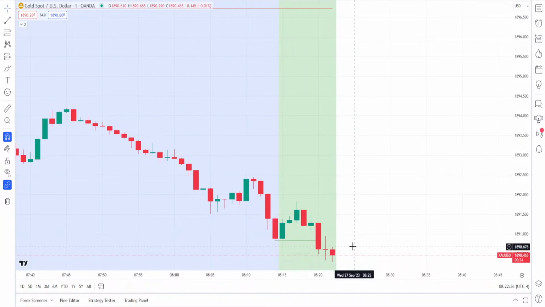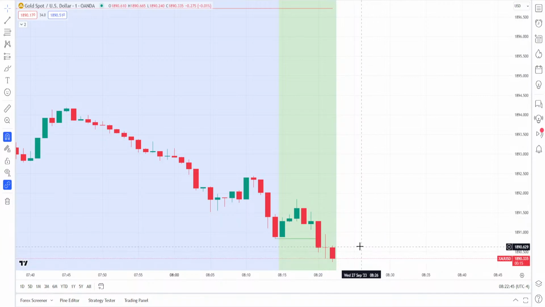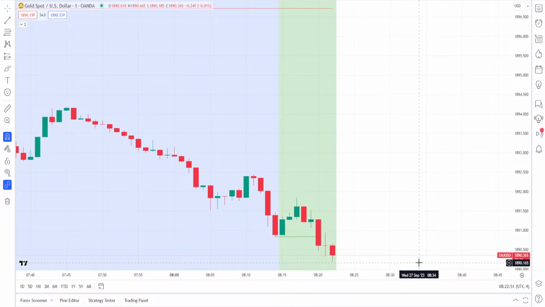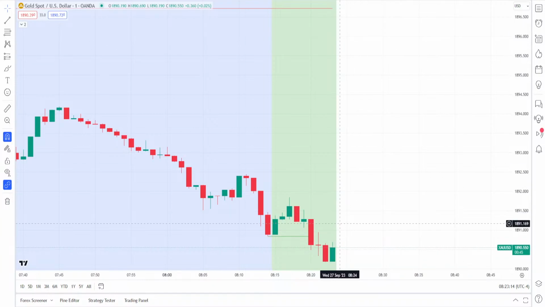If this flips bullish, we probably won't take the signal here. Okay, here we're getting a setup, so if this gives us a bullish engulfing, let me go ahead and refresh this page.